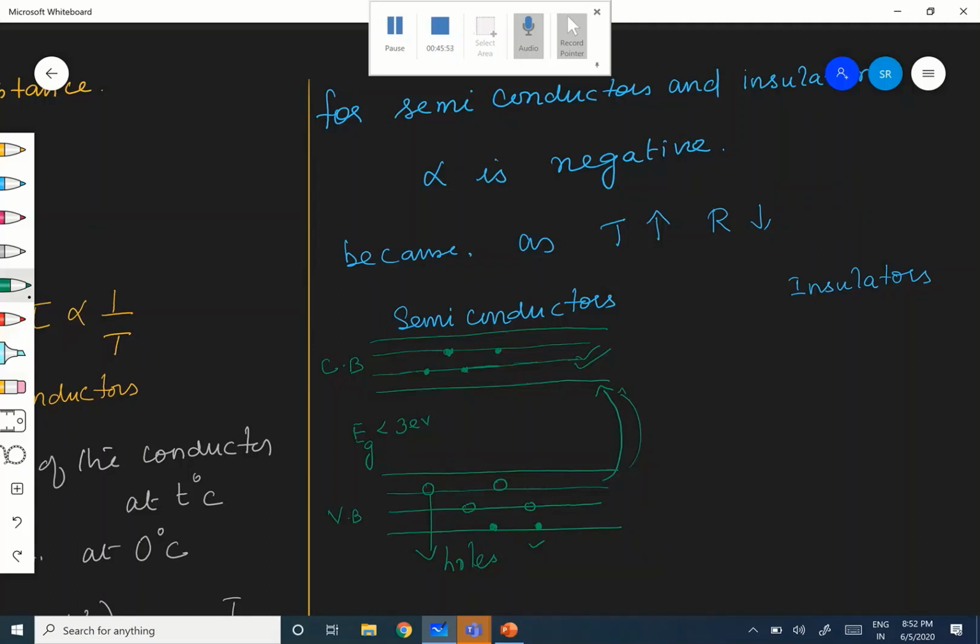Therefore, even at room temperature, some of the electrons can manage to overcome this energy gap and jump to the conduction band. So some electrons are available in the conduction band, and they have some conductivity even at room temperature.